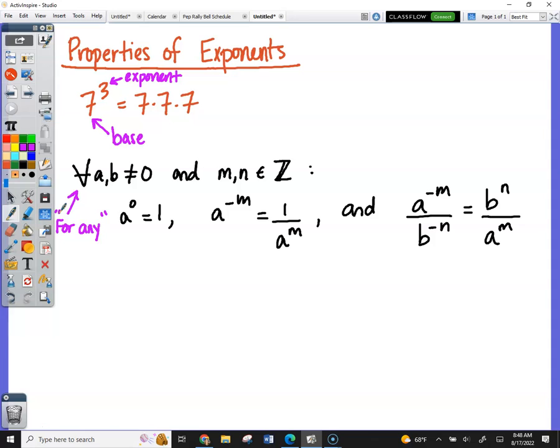This was any number, but this has got a restriction on it. This is only picking from integers. So for any integer you pick can be plugged into M and N, into these formulas, then these are the properties that exist. I'm going to let you write them down, and then I'm going to explain the properties. Guys, you already know this. You've just never seen it written in the college level context.